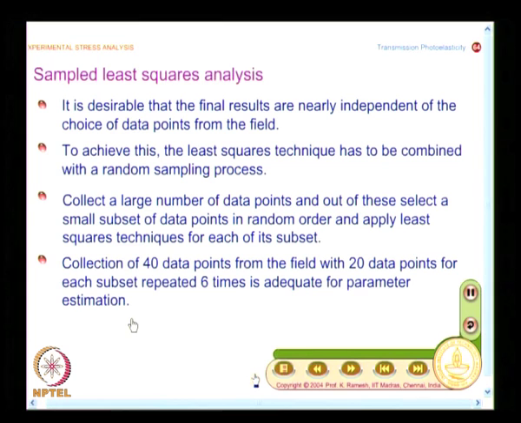For 4 unknowns, they suggest, based on experimentation, collect 40 data points, and from the 40 data points at a time randomly select 20 of them and repeat this process 6 times, and finally you take the average of this, you will have one unique value for the f sigma, and this is called sampled least squares analysis.